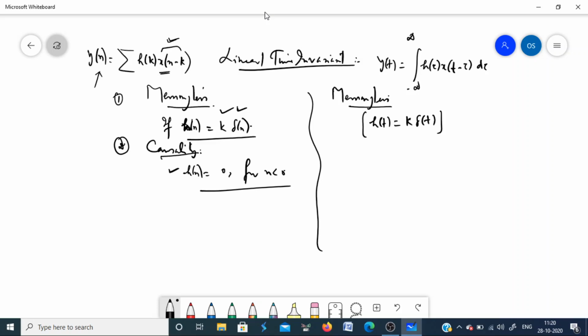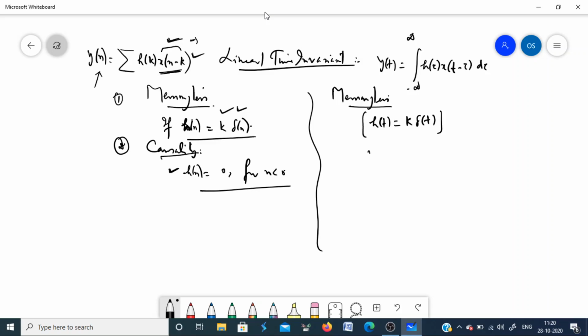Because if h[n] is 0 for n less than 0, you are not getting the future values of the input in the output from this equation. If there is any non-zero value for n less than 0, you are getting the future values, that is x[n plus 1], x[n plus 2]. Then it will become anti-causal.